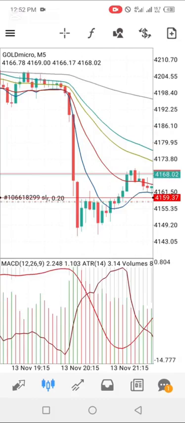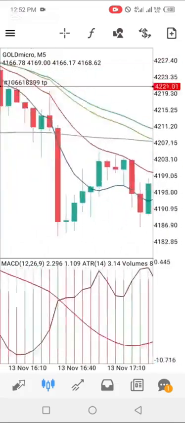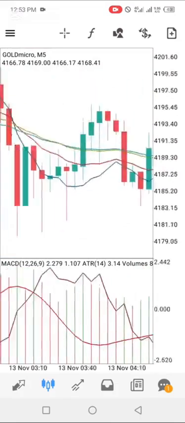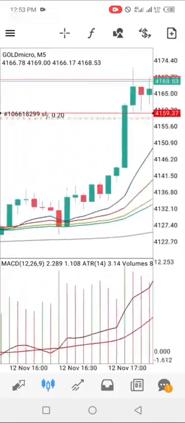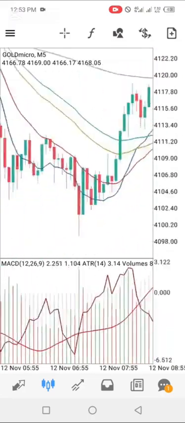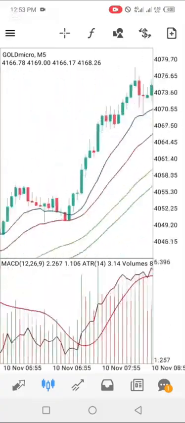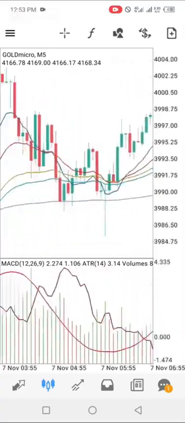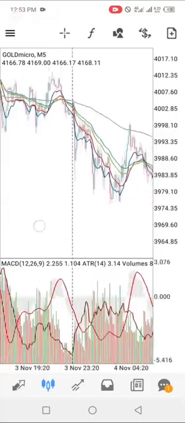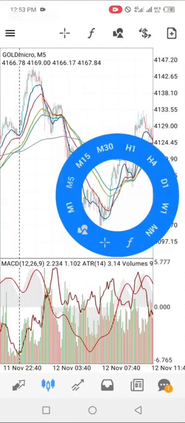If you come to this level, no, that's not the level. I think it's 316 something. This is the 5 minute time frame and I'm using a mobile version, so I'm just going to keep scrolling until I see that level. I hope it's not the level that shifted over there. Maybe it shifted, let's place it again.